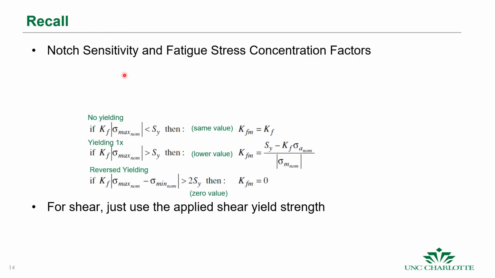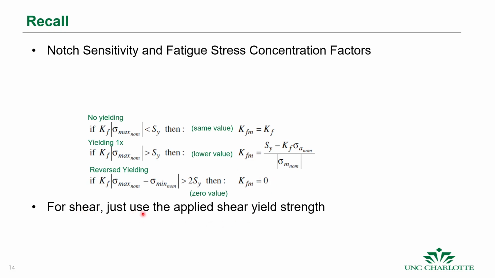And then recall that we also need to account for the fatigue stress concentration factors and notch sensitivity. So we saw we have those three cases where we have no yielding, some yielding, and reversed yielding. Then we can modify the mean fatigue stress concentration factors according to these equations that we went over previously.